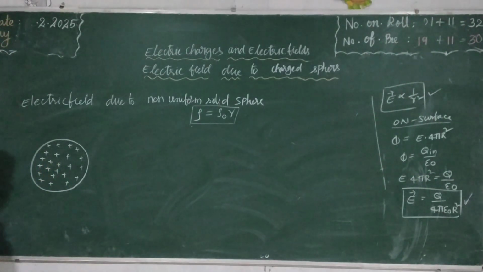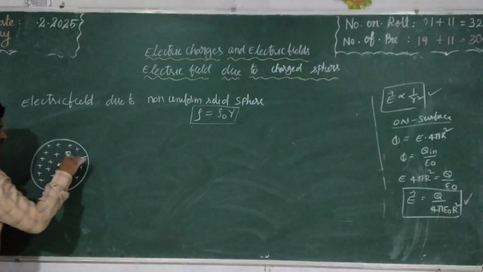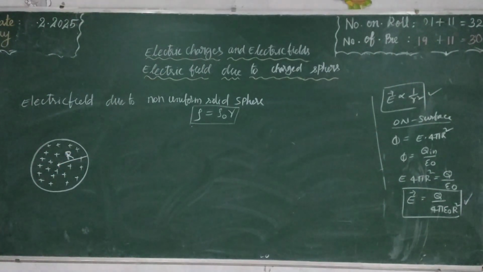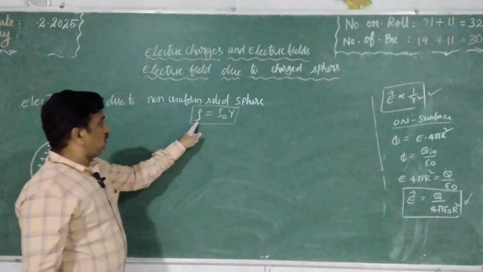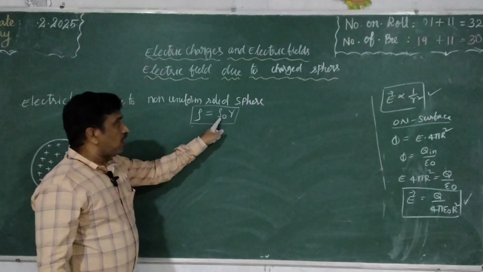This radius is capital R. For this non-uniform solid sphere, the volume charge density is rho equal to rho naught r.